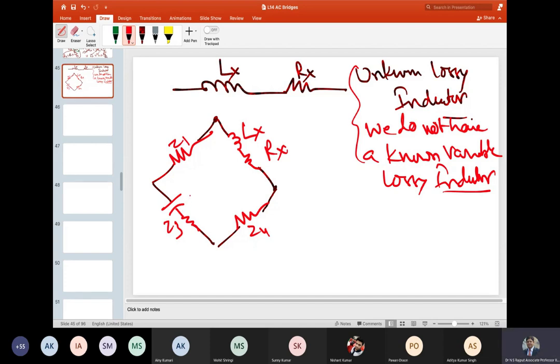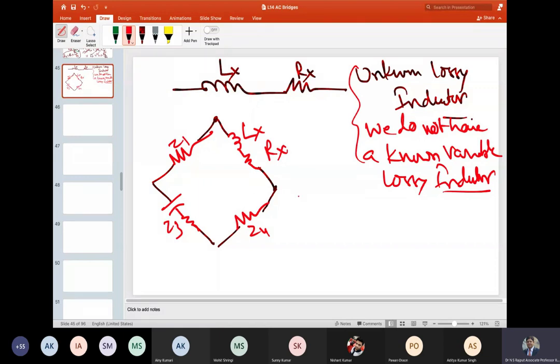So now since I have a known lossy capacitor, I can now try to balance, because you know this one will go towards negative 90 degrees, this will go towards positive 90 degrees. So somewhere between 0 to plus 90, over here 0 to minus 90, when they cancel each other, right, we will arrive at some situation when we can actually equate and get the condition of balance.